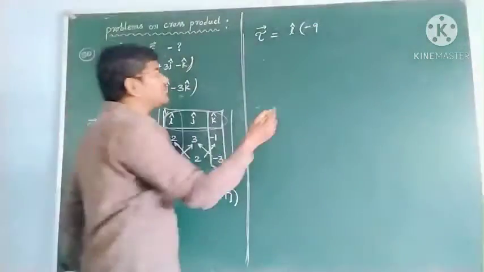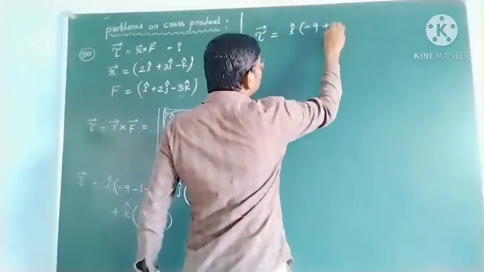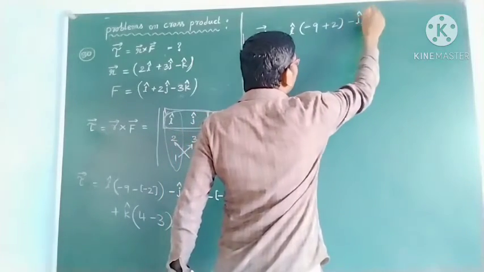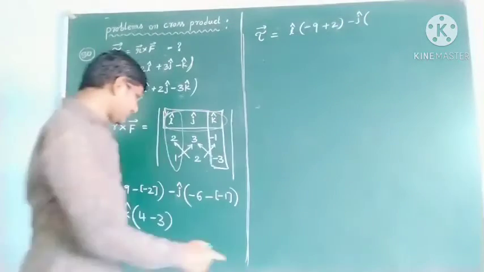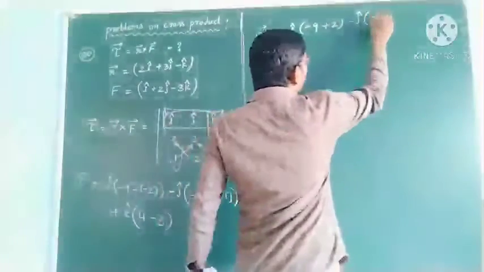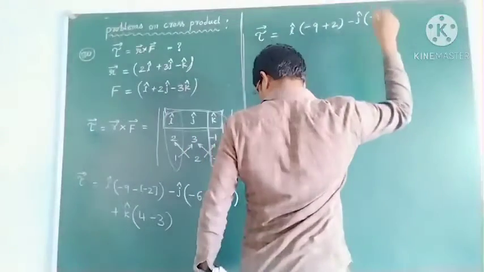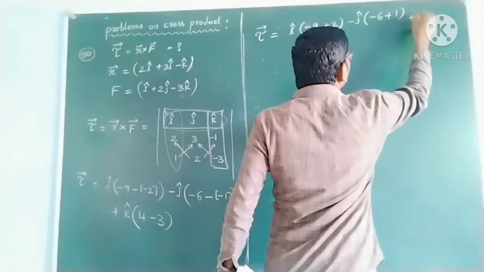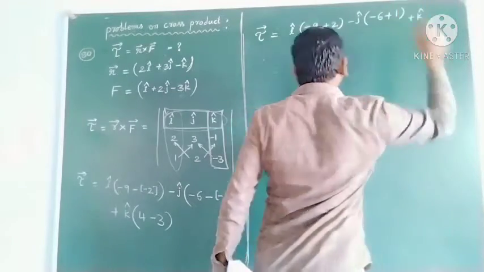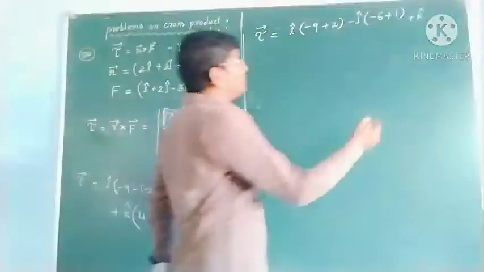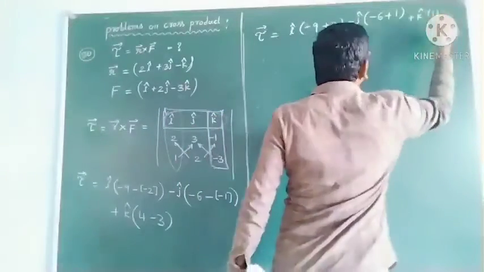Minus of minus plus, so plus 2, and minus j cap into, so minus of minus again plus, so minus 6 plus 1. Okay, plus k cap into 4 minus 3, 1. So 1 into k cap.